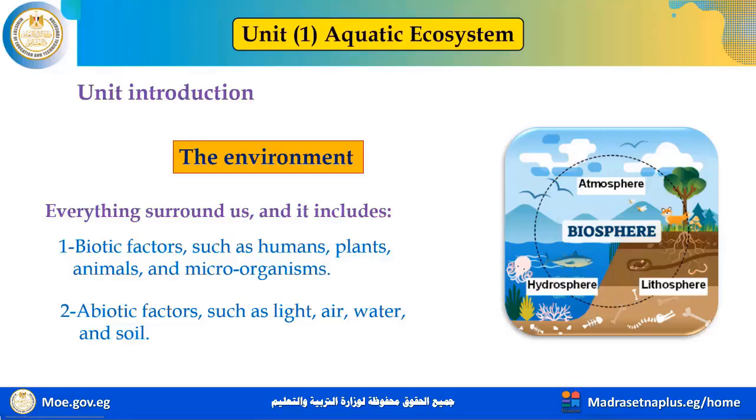If I ask you, what are the biotic factors in front of you in the picture? Excellent. I hear someone told me the fish and the fox, the tree, and the birds in the sky, and also the octopus, all of these are considered biotic factors. Why? Because they are living organisms.